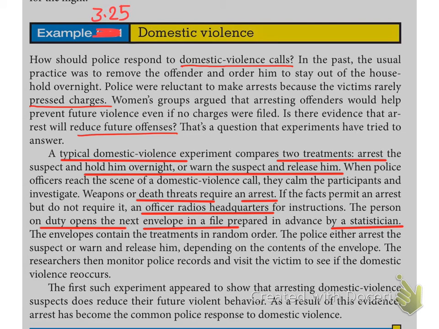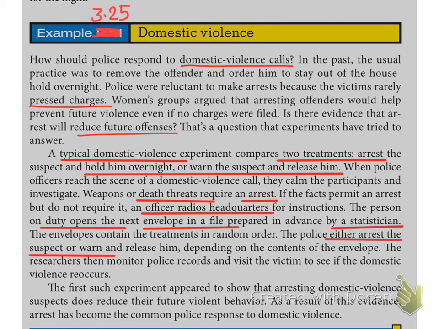According to whatever was written for the particular case, the police either arrested the suspect, or warned and released the offender.